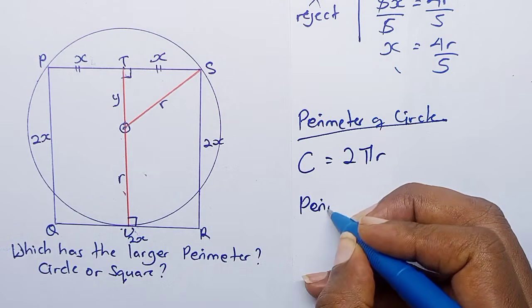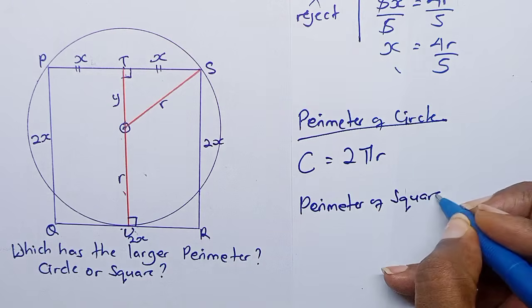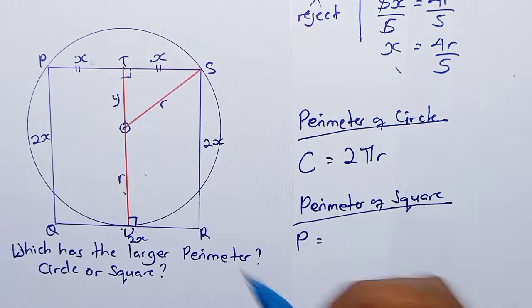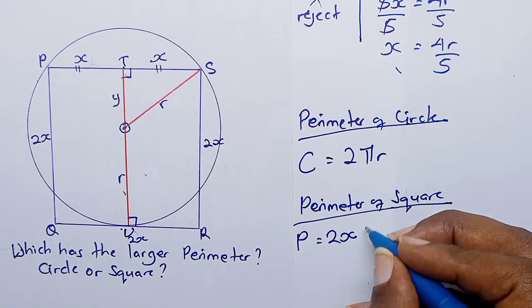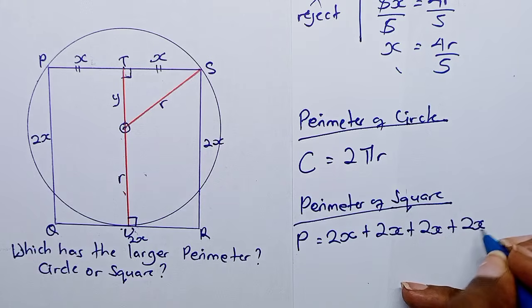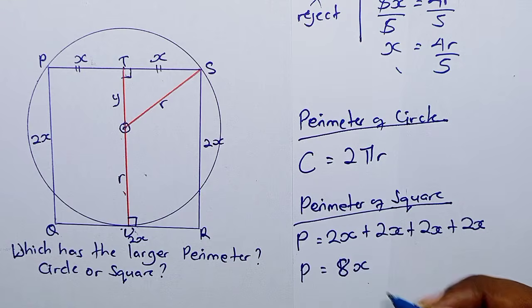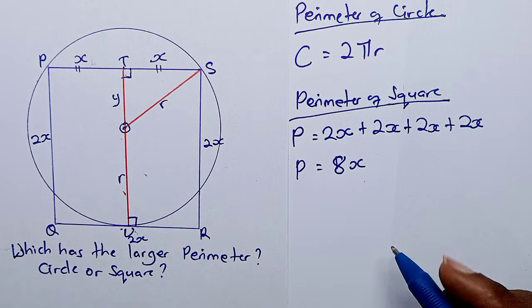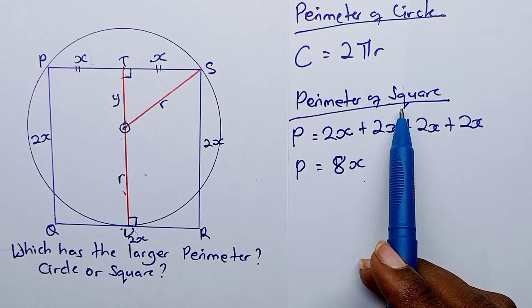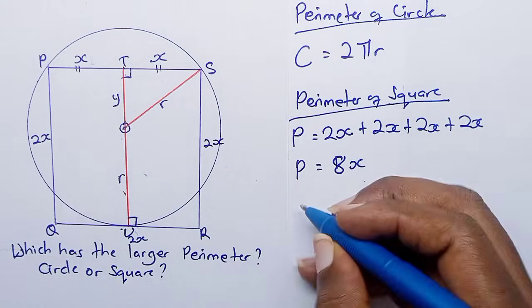Then the perimeter of a square will be, we add all the sides, 2x plus 2x plus 2x plus 2x, which makes it 8x.